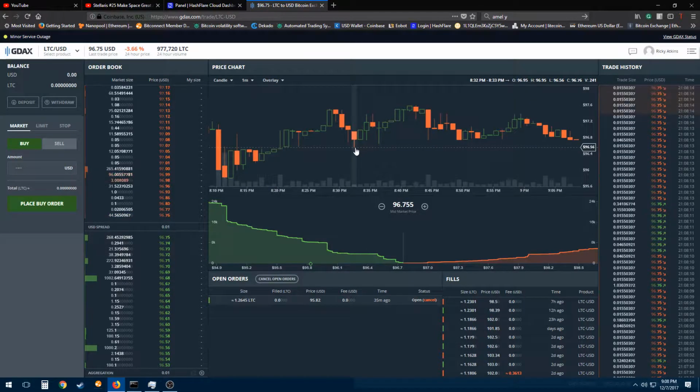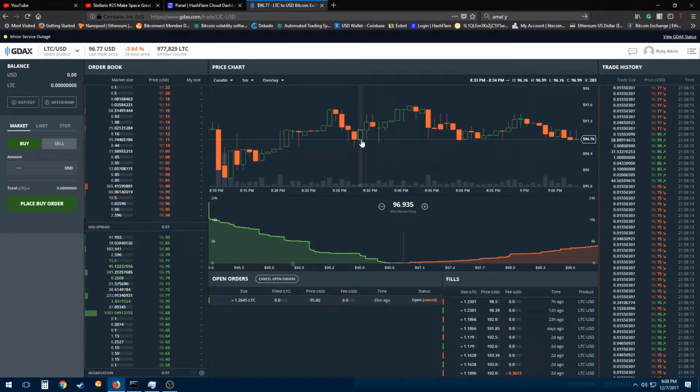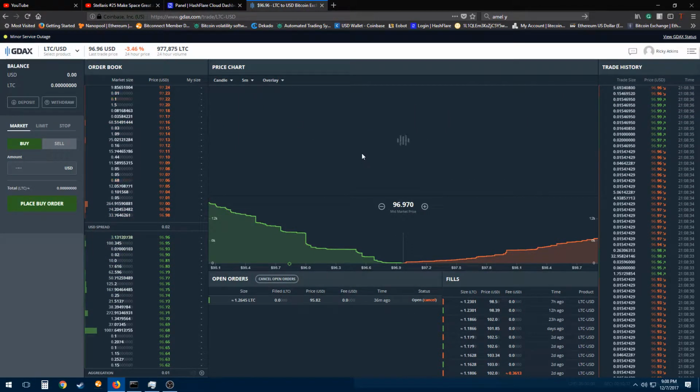I bought in the other day, last night while I was sleeping, at 98.39, way up here somewhere. If we move out to the 5 minutes, I might be able to see it.